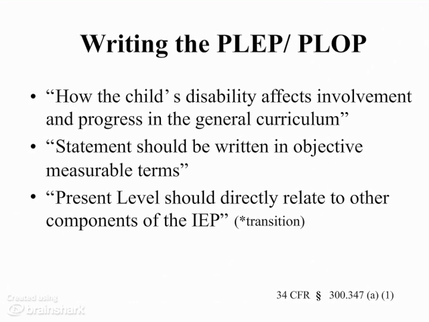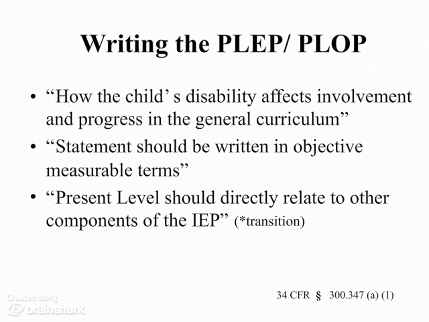There should be a statement written in objective and measurable terms, so everything should be written objectively. There shouldn't be words in there that you can't measure or observe. Things like, he's a nice boy, or he gets frustrated. Well, what does that mean? This should be very clear-cut for anybody who reads it, not just the people who know him.